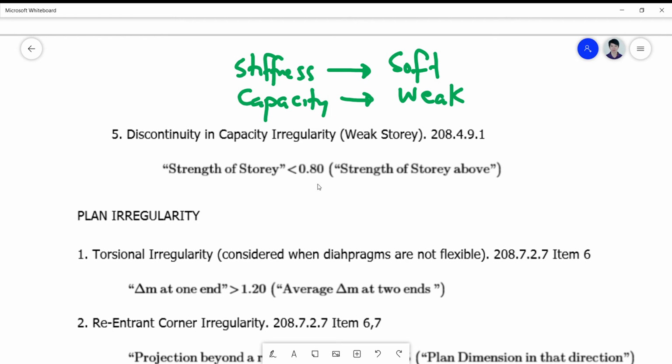So which means that whenever you go from lower story to upper story, your strength may be decreasing, but not, of course, very significant. So you cannot have a stronger story on top and then a weaker story at the bottom. That's a no-no to configuration requirements.